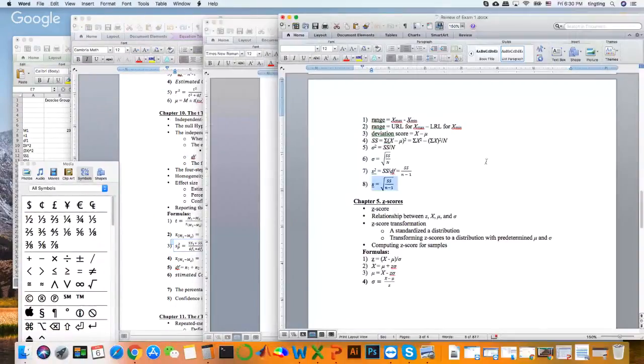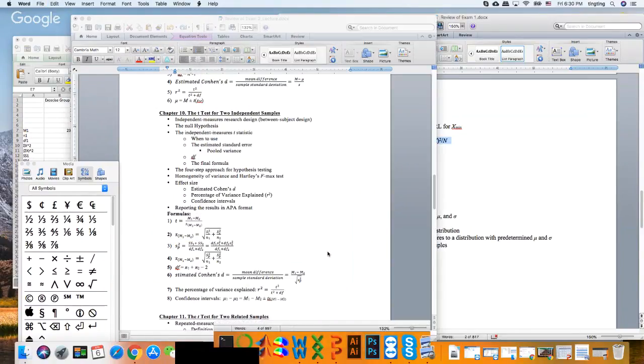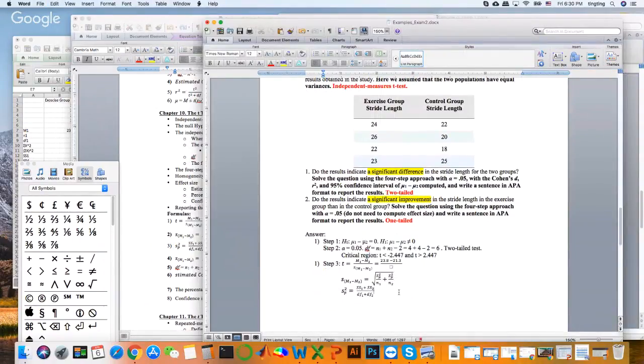Here. We need to use this computational formula, which means we need to know the sum of x squared and the square of the sum of x. So we need to compute SS1 and then SS2.